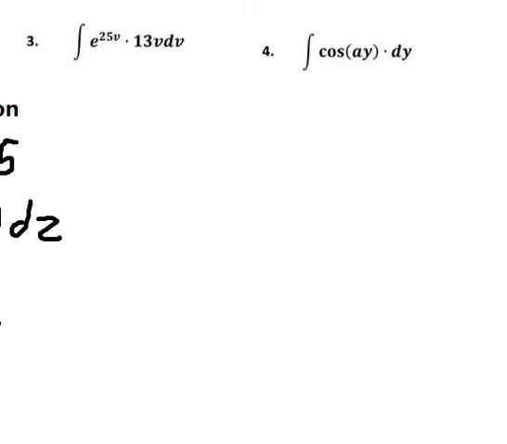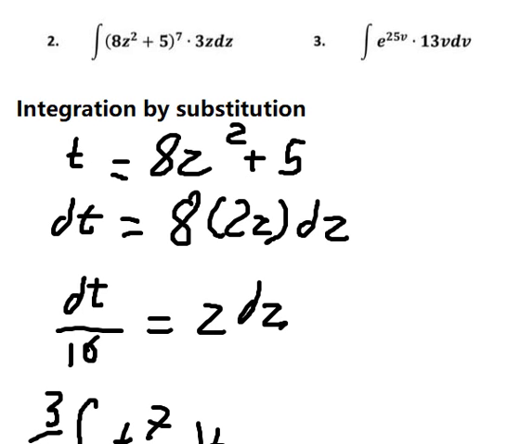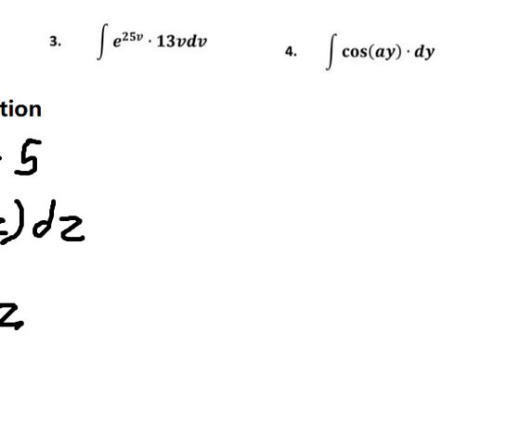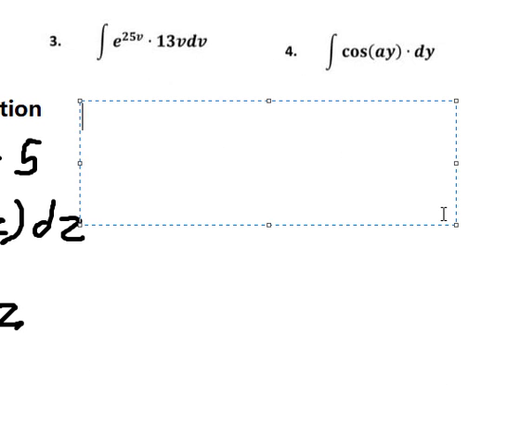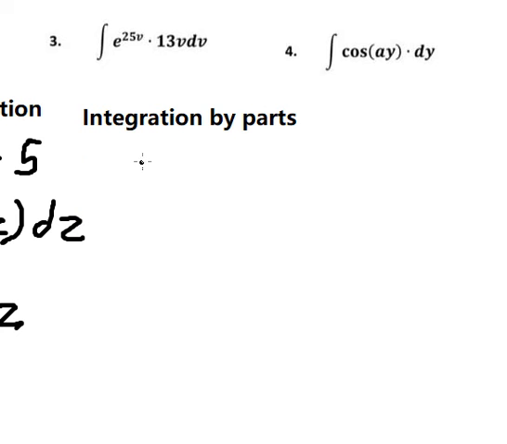Now, question number 3, we use the same. Now, we go to number 3. And this one, we need to use integration by parts. So, I will put u equals to number 13v.